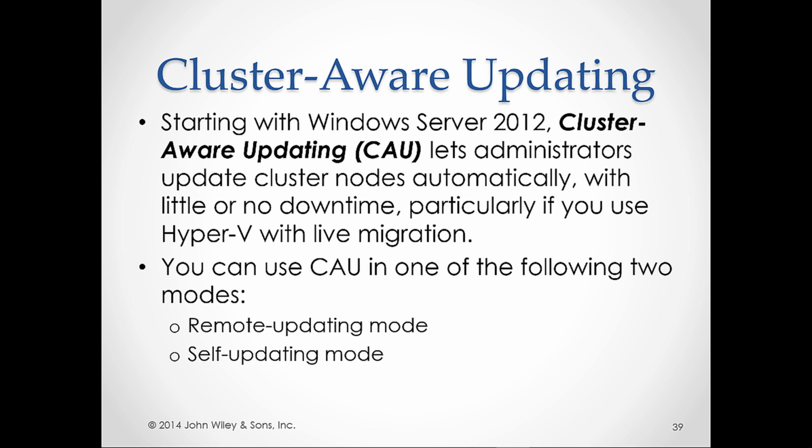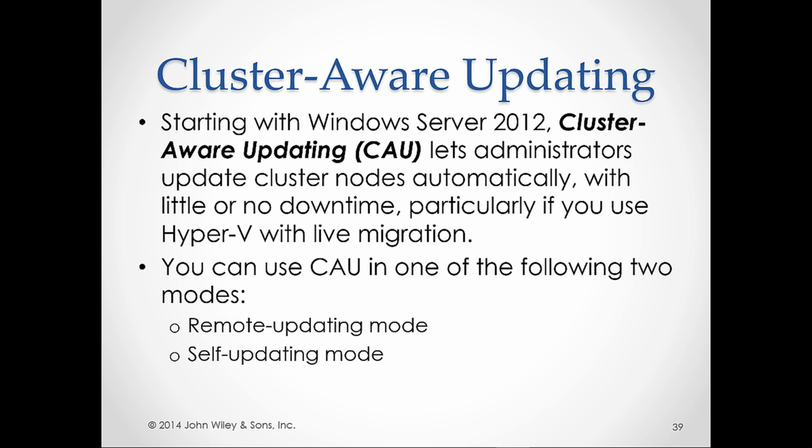Now let's move on to our cluster aware updating. This is a good one. Starting with Server 2012, they implemented this cluster aware updating, or CAU, and this lets administrators update the cluster nodes automatically with little or no downtime, especially if we're using Hyper-V with live migration.